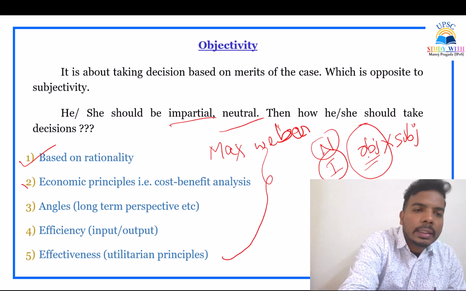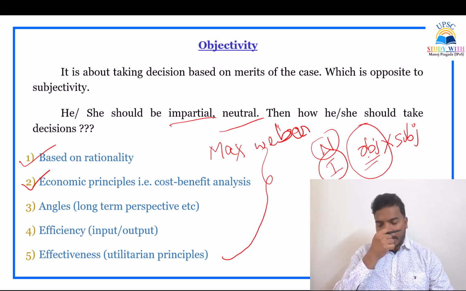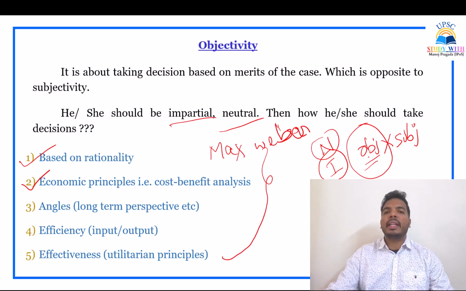Next I have quoted is economy, that is cost benefit analysis. As an administrator, you should always guide the political executive based on cost benefit analysis. You should say, sir, these are the costs associated with this project and these are the benefits.